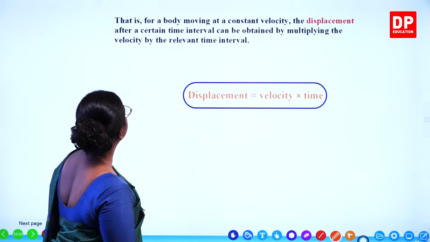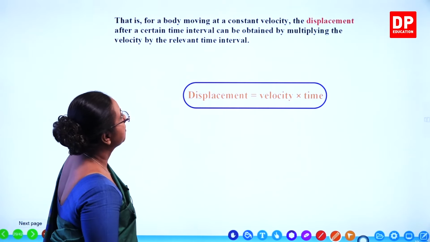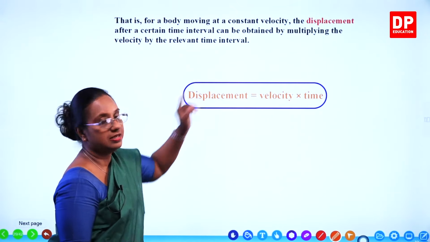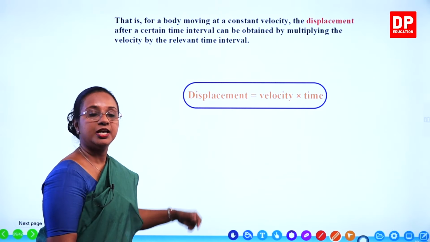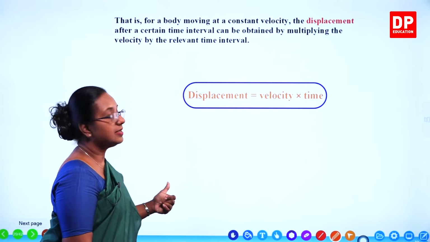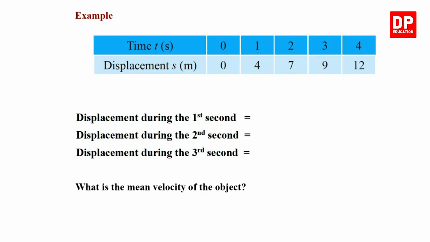The displacement after a certain time interval can be obtained by multiplying the velocity by the relevant time interval. This is the same equation that we used in the previous slide. So keeping this in mind, we will look at some more examples.